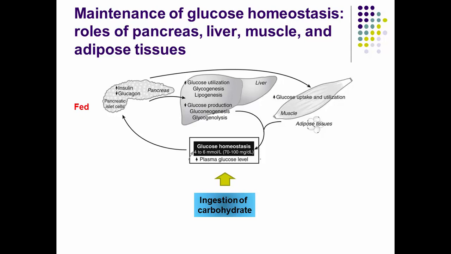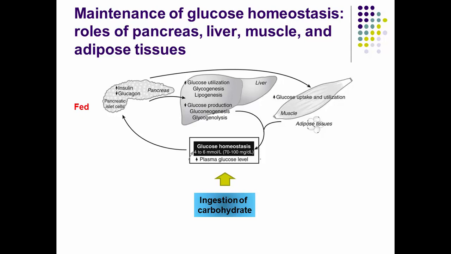And of course, the liver is also an important tissue that picks up glucose, right? Which is through GLUT2, the glucose-dependent glucose transporter, right? And a lot of glucose is also picked up by the liver for making glycogen, right? Stored in the liver.